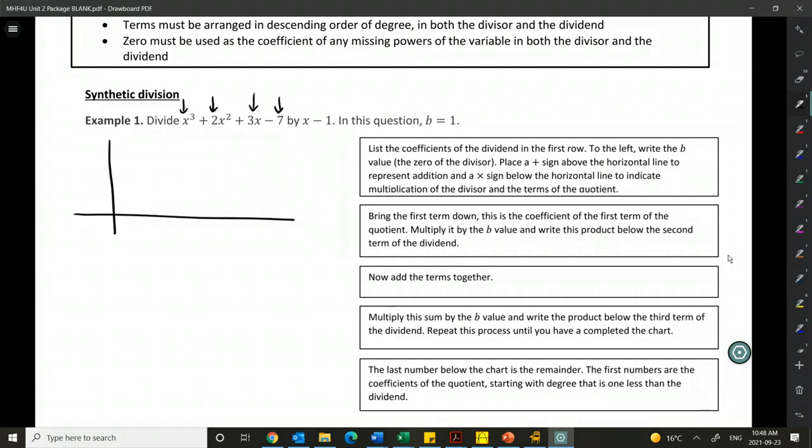I'm going to list the coefficients, making sure my x's were listed in descending order, which they are, so that's good. So I'm going to list 1, which is the coefficient of x cubed, 2, 3, and negative 7. Leave yourself a row of space down here, because we're going to use that space. And then I will put this b divisor value over here.